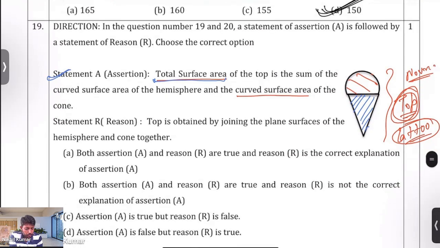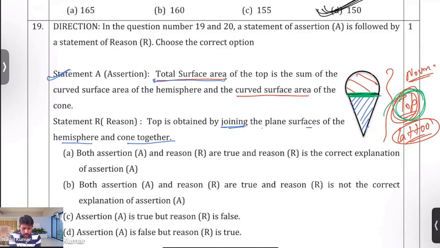What about the reason? The top is obtained by joining the plane surfaces of the hemisphere and cone together. So they're talking about this part. You know, this is the plane surface of the hemisphere. Similarly, this is the plane surface of the cone. Now, if the plane surfaces are joined together, is any part of the plane surface exposed? It's not. So it won't be counted in the total surface area of this top.